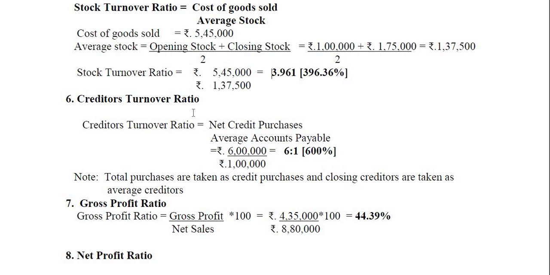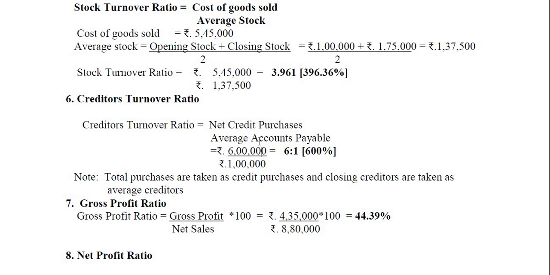Then creditors turnover ratio: net credit sales divided by average account payable. Net credit sales are 6 lakh. Here you do not get the separate value of net credit purchases. Total purchases are taken as credit purchases. Therefore, net credit purchases are 6 lakh. And average accounts payable.